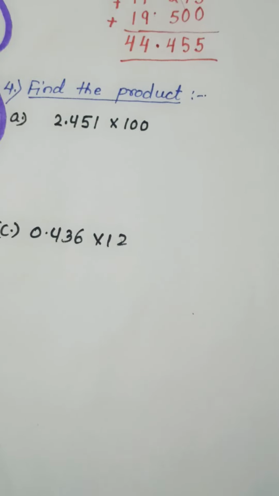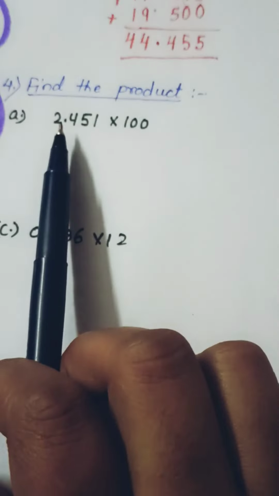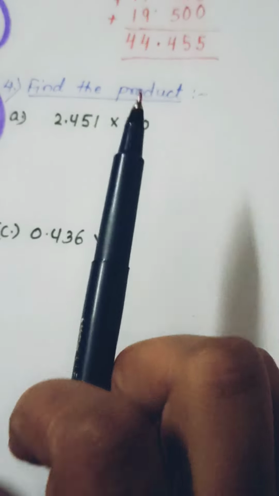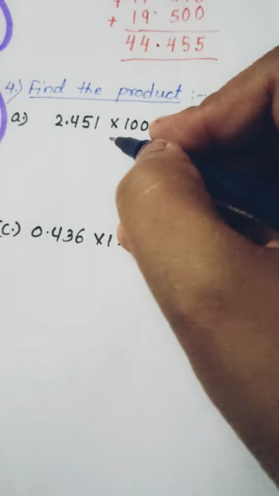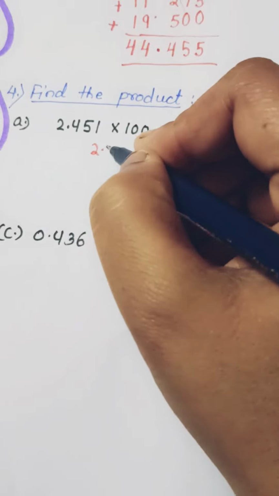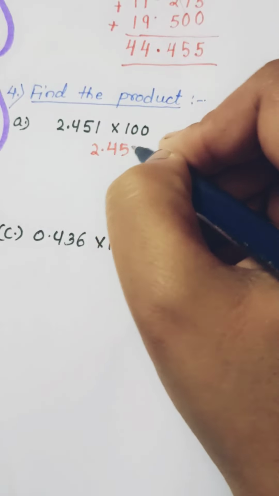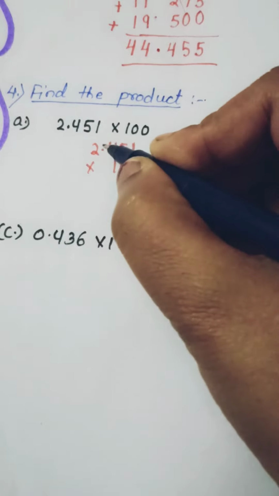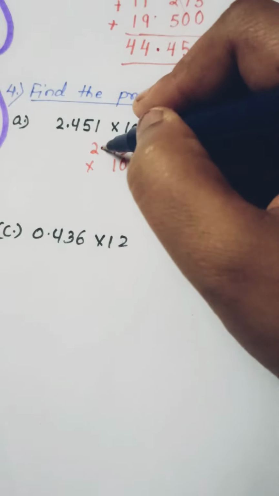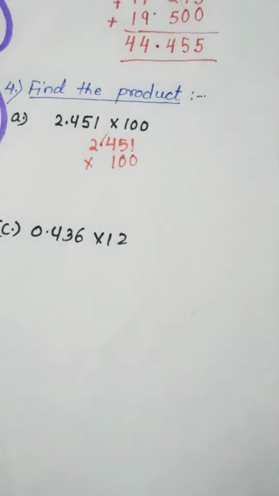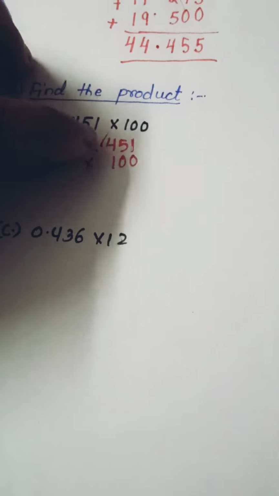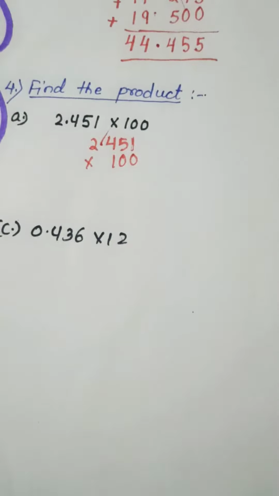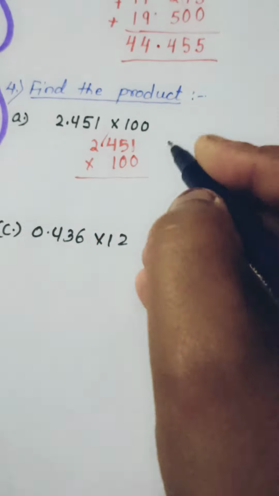Again I am telling you, just remove the decimal sign while multiplying, because it will create confusion for you all to multiply with the decimal sign. Okay, so see, I have placed decimal over here, but while multiplying it I will remove it. I'll just consider that decimal is not here. Okay, now I can easily multiply.